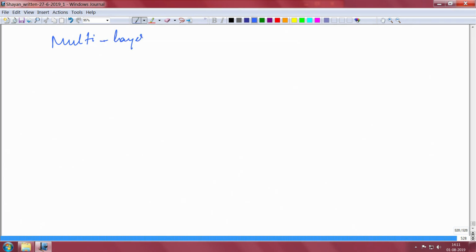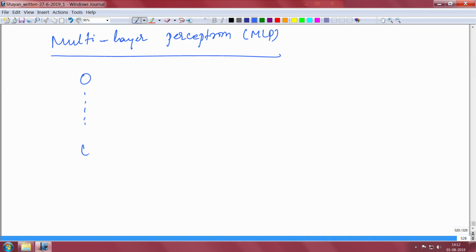Okay. So, multi-layer perceptron. In multi-layer perceptron we have input layer, we have hidden layer and output layer.